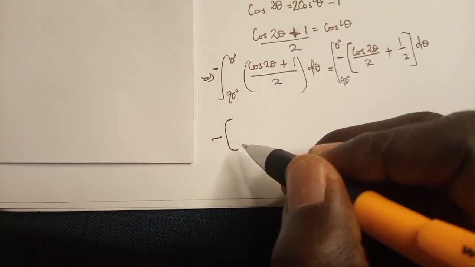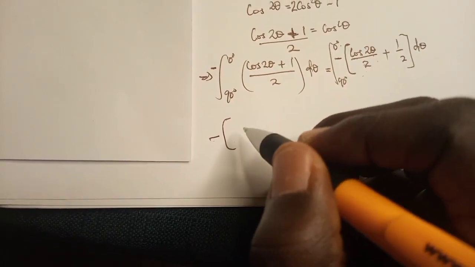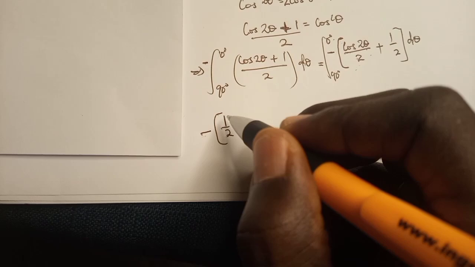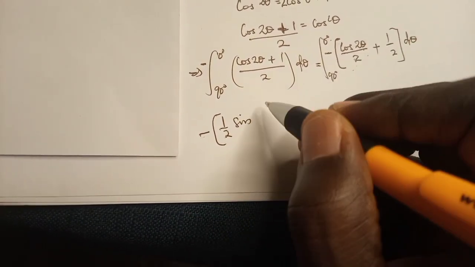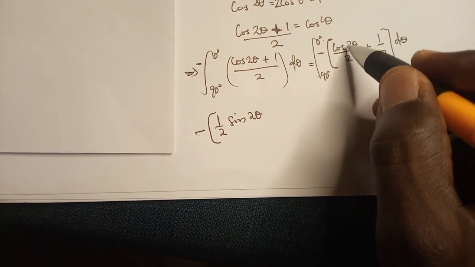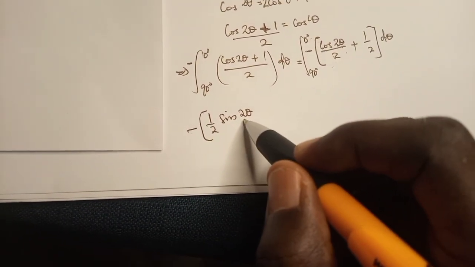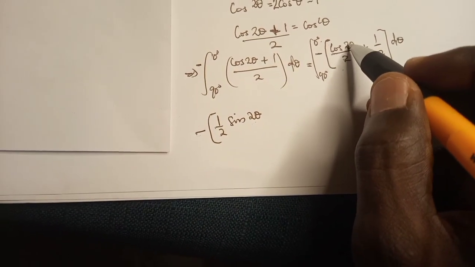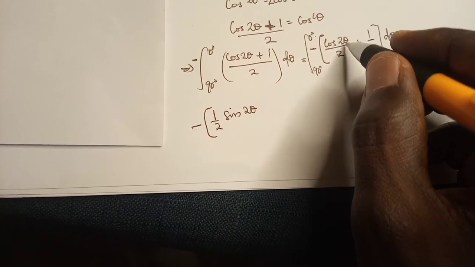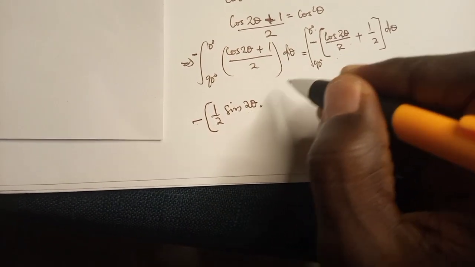So you have sine, but there's already half there, so you have half, then you have sine 2 theta. When you integrate this one, you get sine 2 theta, and you differentiate what is inside, then you get times half, because you get 2, so you get times half.